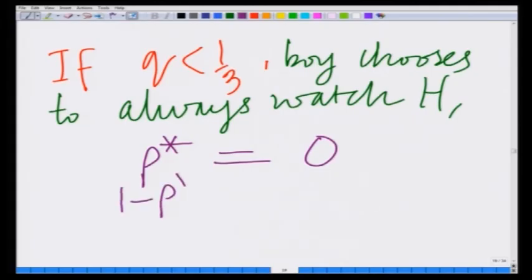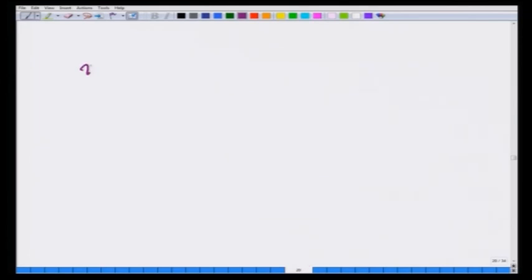Therefore, the best response p star is equal to 0, and 1 minus p star is equal to 1. And now, an interesting thing occurs if q is equal to 1 by 3.